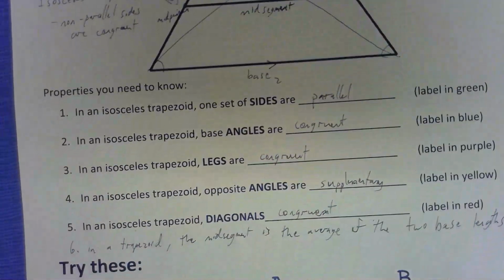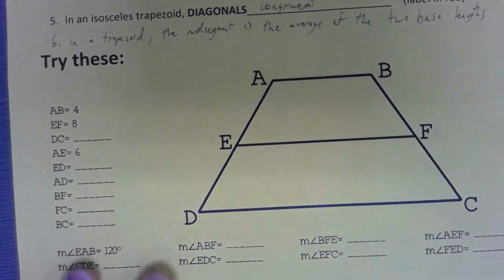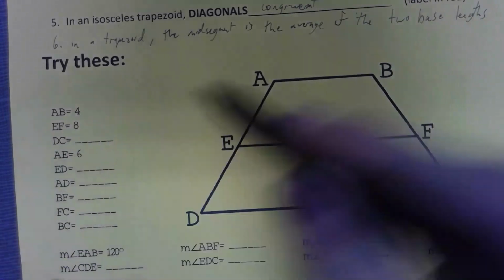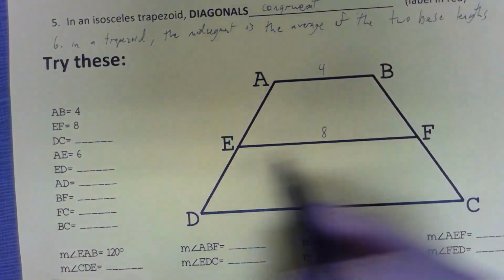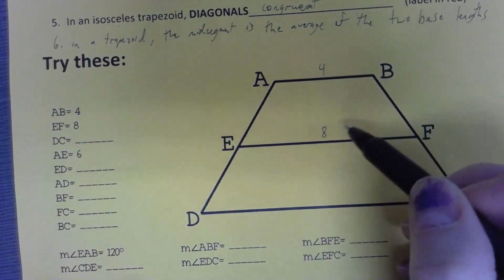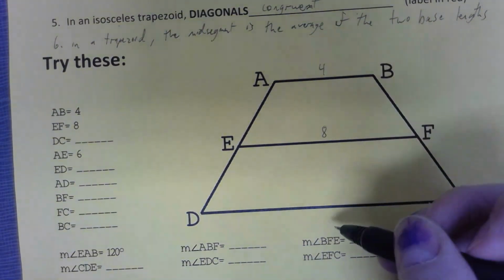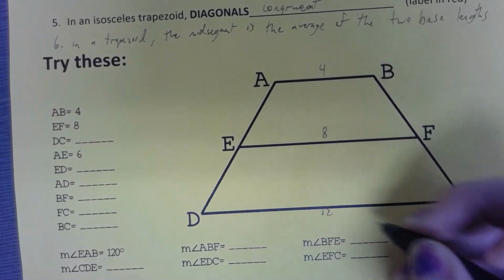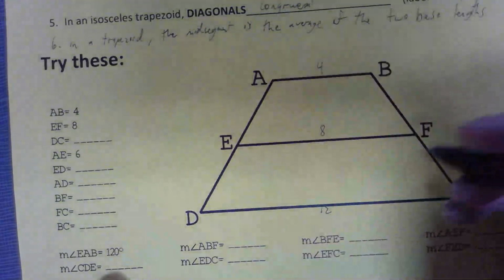It's the average. So when we go and find our missing lengths here, if AB is 4 and EF is 12, and that is the mid-segment, that's 4, that's 8. 8 is going to be halfway in between 4 and 12. We can find that a couple different ways.